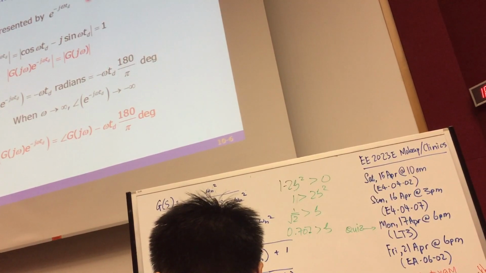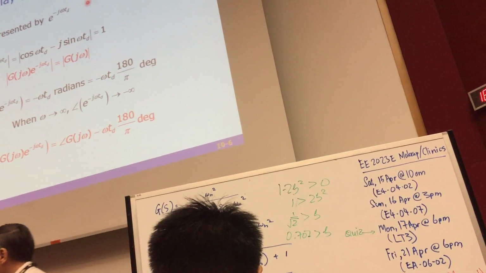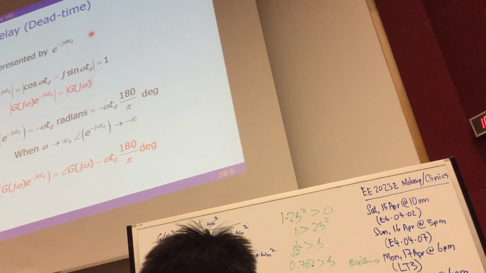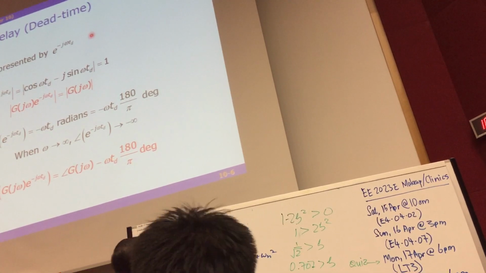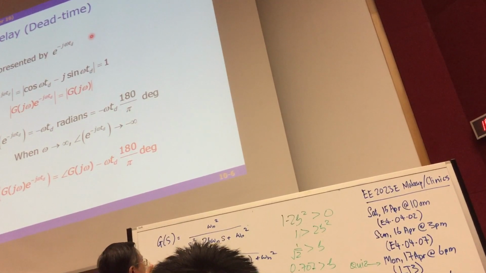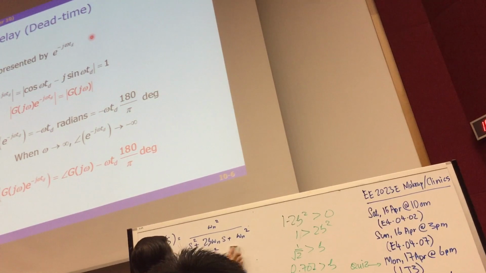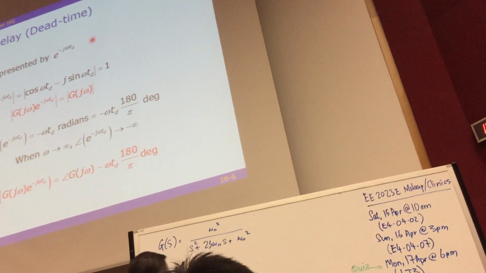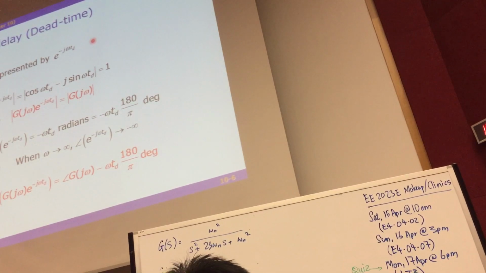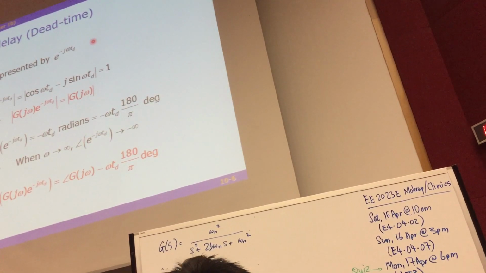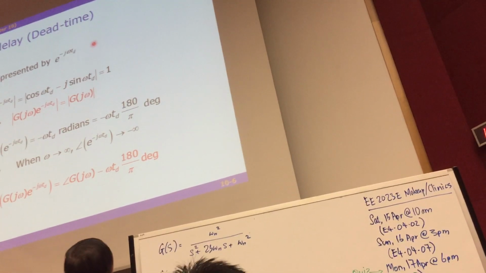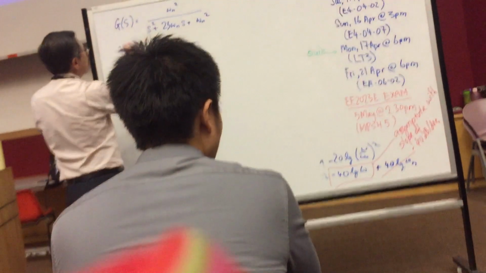So when that happens, your response will have this e to the minus j omega td term. So that means if that was your G(s), your response will become something that looks like this instead of this.